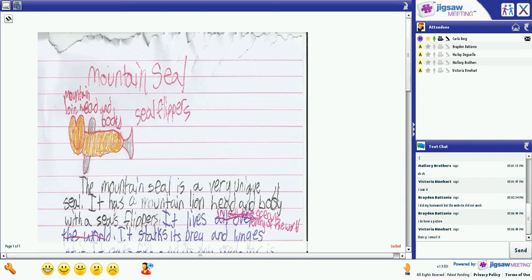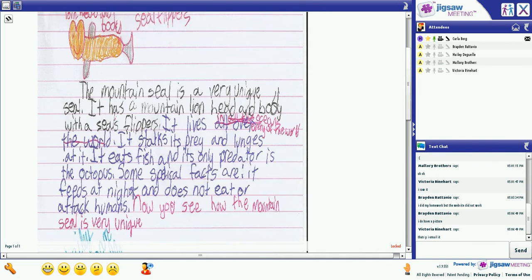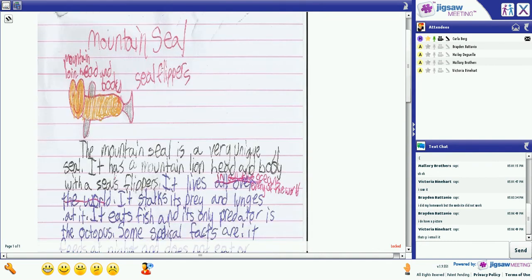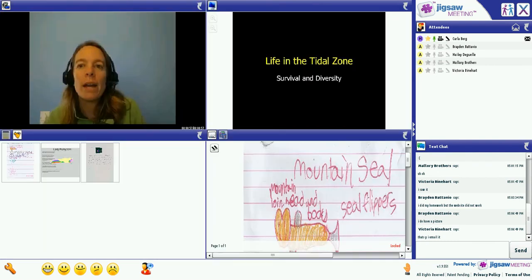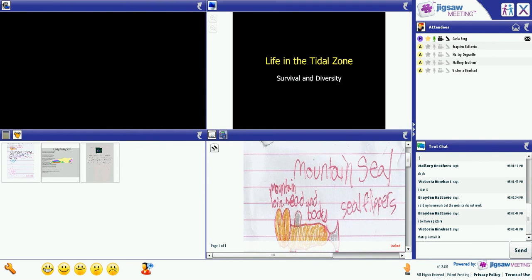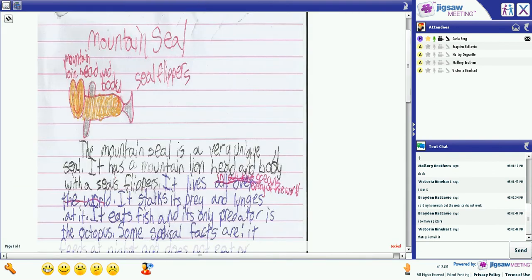So here we have, if you look on our whiteboard, Haley did a mountain seal. So Haley, why don't you go ahead and turn on your microphone and your camera if you want, and share with us about mountain seals.